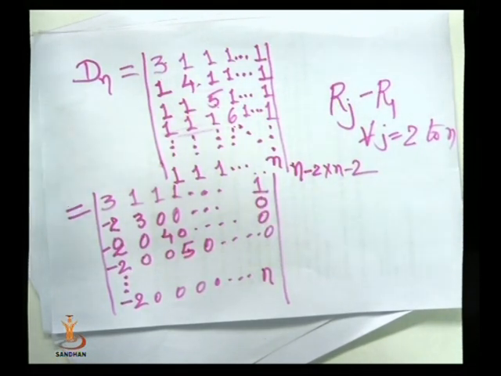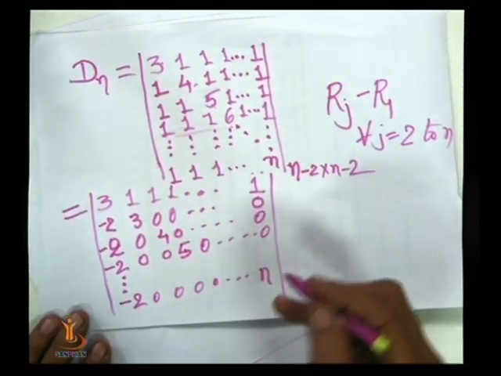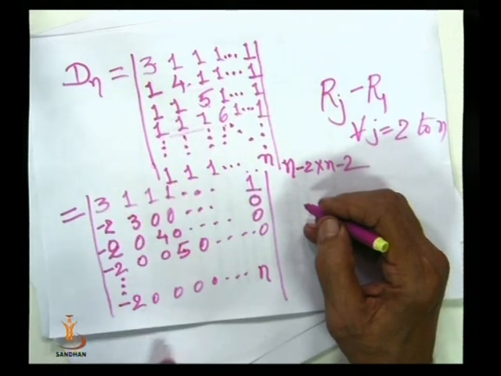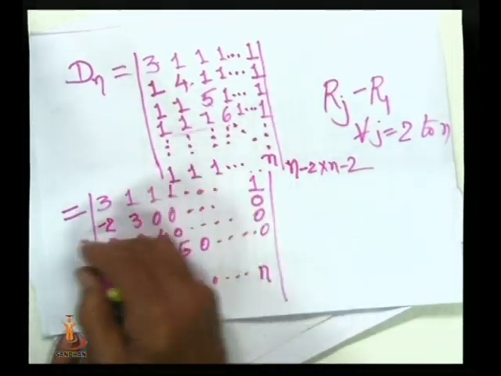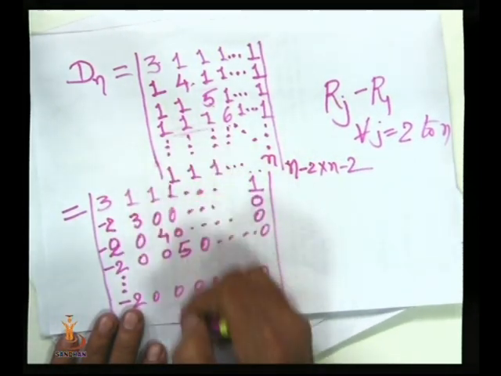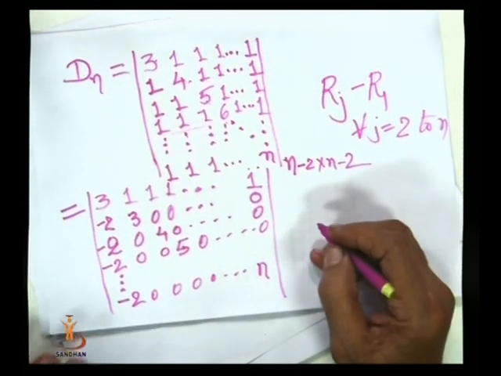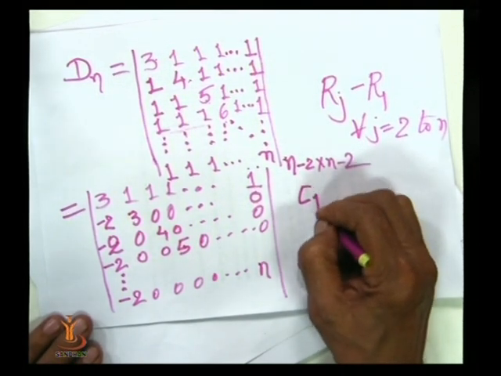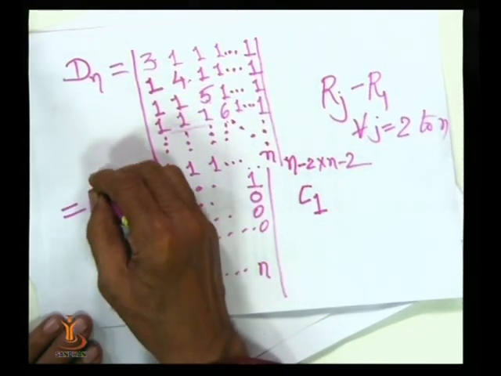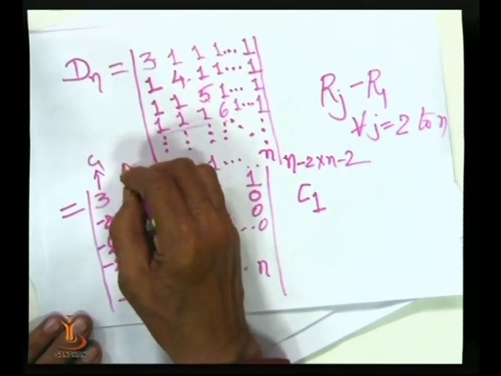For that, what I do, I take columns second, third, fourth. Now these are rows and these are columns. In the first column, this is C1, this is C2, and so on.